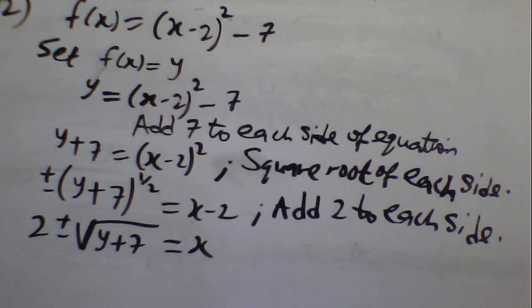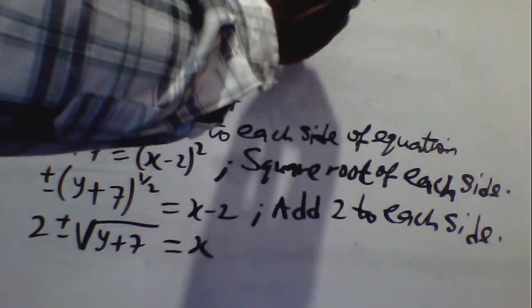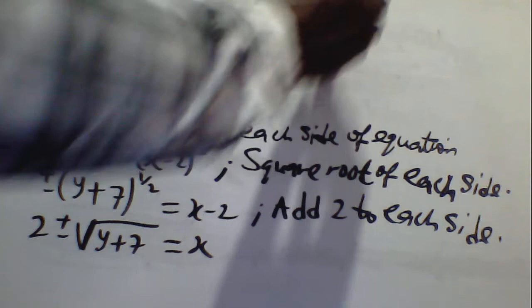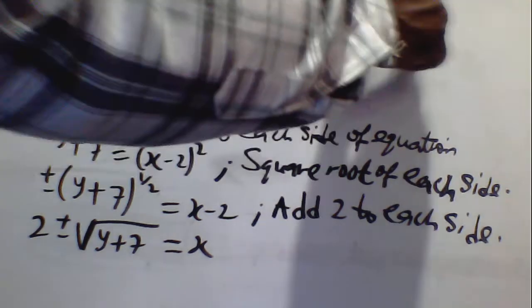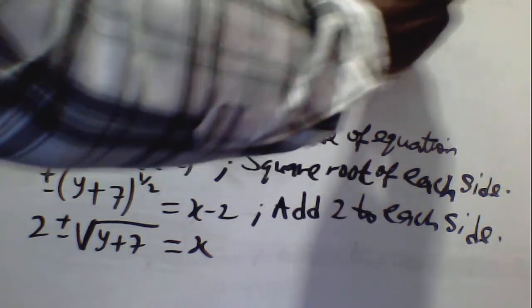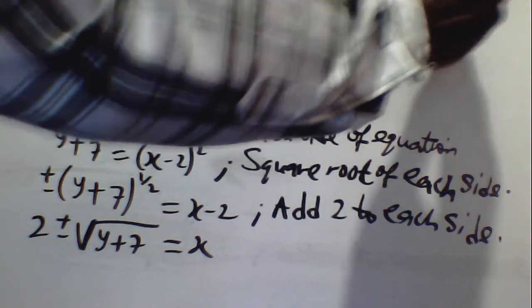The next step is to evaluate: find the input when the output is 3. So you can bring this value here. Already you have found x equals plus or minus the square root of y plus 7, plus 2.